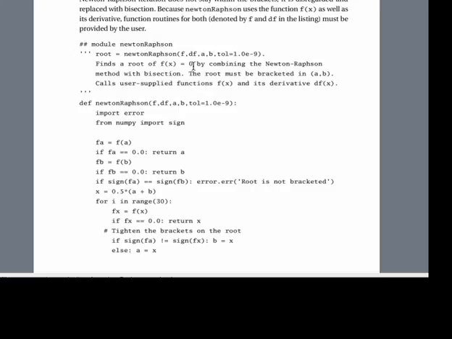So again, this is a method that combines Newton-Raphson with bisection. We'll look at the structure of the code quickly, and then we'll use this in an example and run it for you. Again, this is provided on Blackboard.